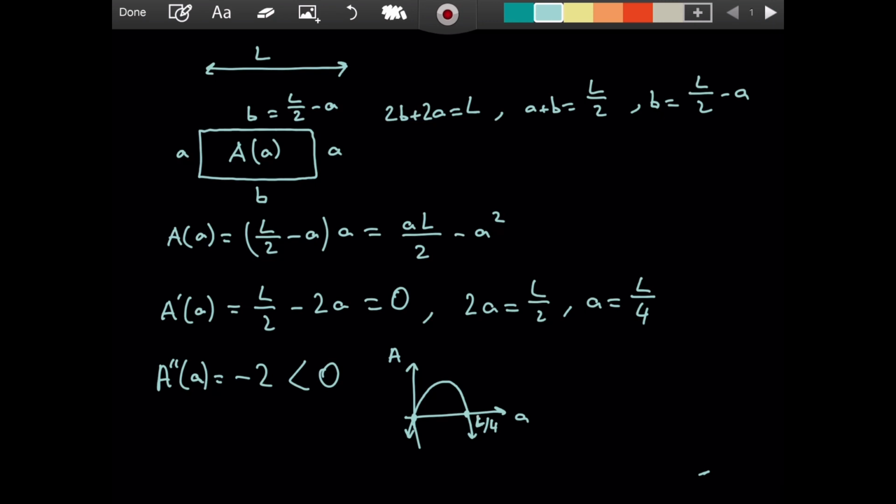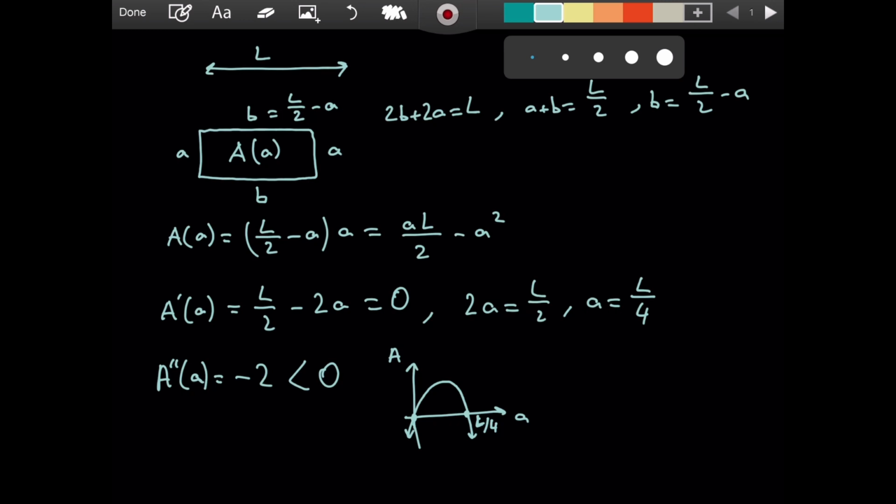But if the value of A is L over 4, a quarter of the length of the total fence we have, well then we should realize something. We should realize that what we need to construct is, drum roll please, yes, you guessed it right, a square.